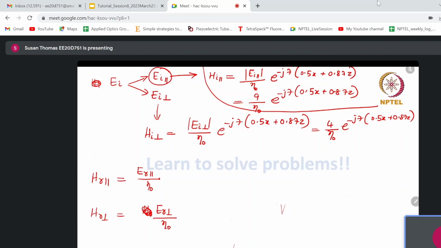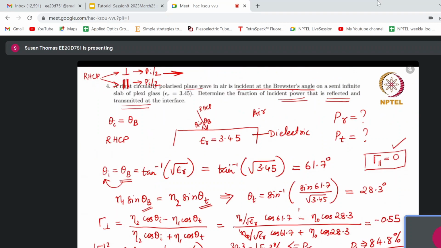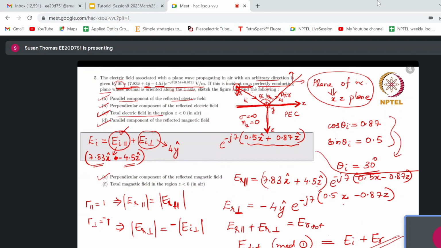In a similar way, see that the reflected wave vector kr is used in the e raised to minus j power term, and look at the field vectors of the incident and reflected electric and magnetic fields. That's how we go on and solve this question.